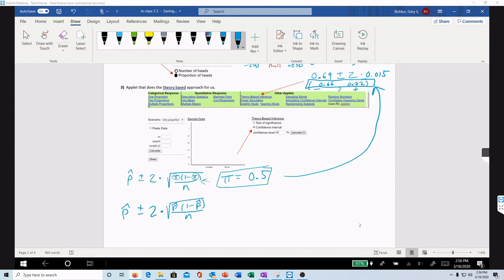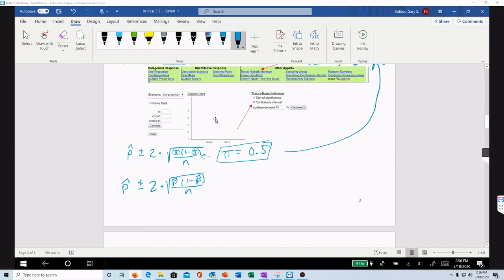There are a couple things to think about here. One, when can I do this? When am I able to use this theory-based method? It's the same conditions that you've used before, when you could use the theory-based method for a hypothesis test. It's the same exact conditions as before. We need 10 successes and 10 failures.